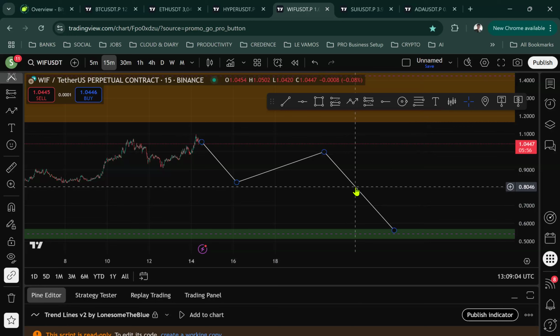So once we switch to 15 minutes, we're only looking for buy opportunities because the major trend is the uptrend.